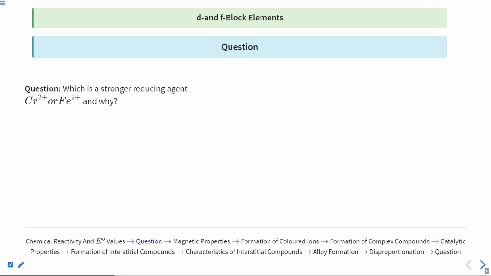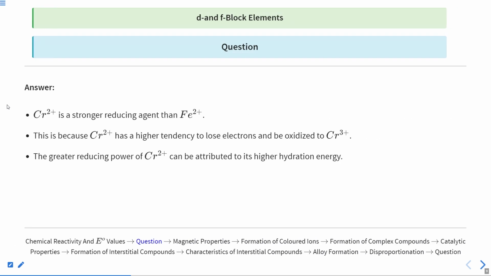Now, which is a stronger reducing agent out of these two? If it gets oxidized by itself, Cr2+ will move to Cr3+, and Fe2+ will move to Fe3+. Cr3+ is more stable, right? So Cr2+ will be the stronger reducing agent, because after losing an electron it goes to a half filled orbital in case of splitting.